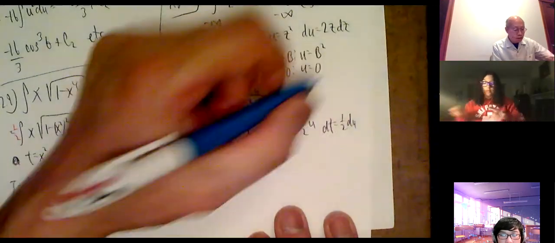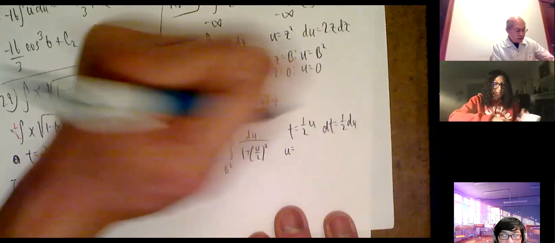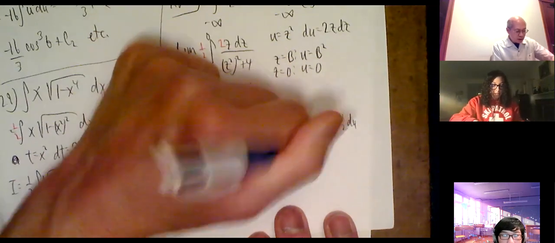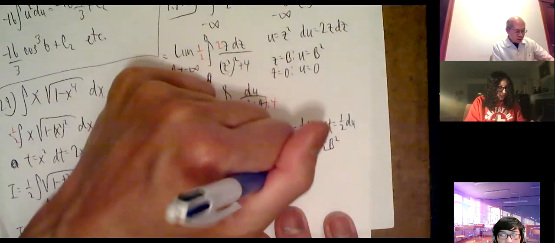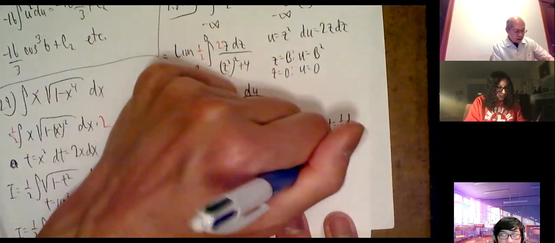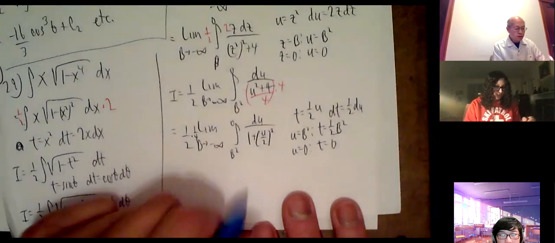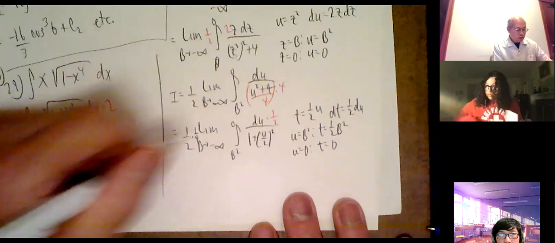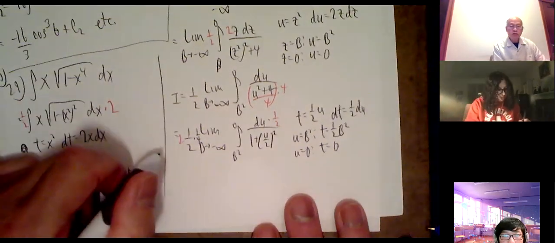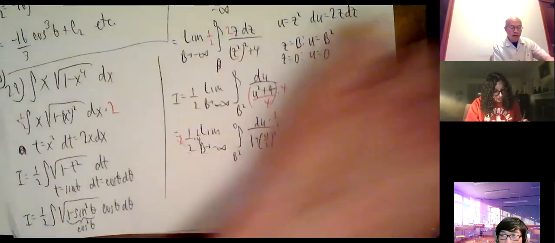Change the limits again. u equals b squared, t is 1/2 b squared. u equals 0, t equals 0. Okay, so I need a half, which means multiply this by 2. Looks like these guys cancel out.